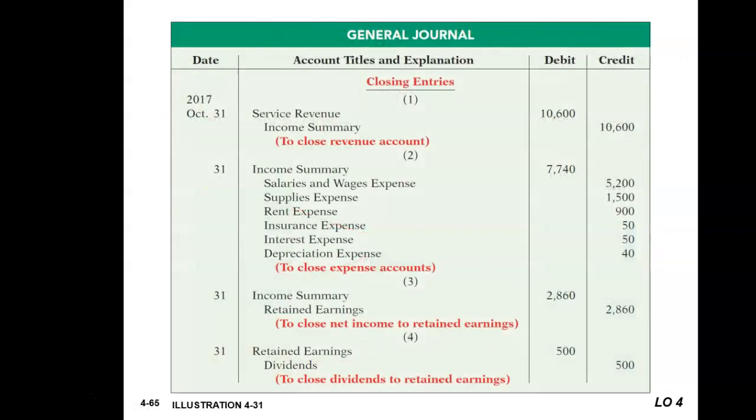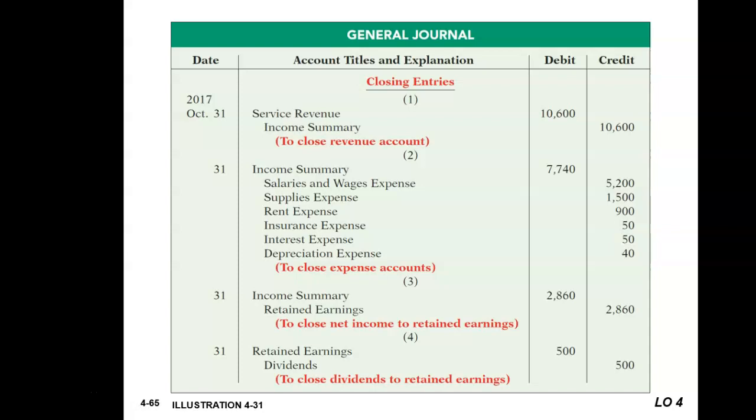All right? So again, the first step is to close out your revenue accounts. Your revenue accounts have a credit balance. In order to close them out, you would debit the revenue accounts and then credit income summary. Your expense accounts have a debit balance.